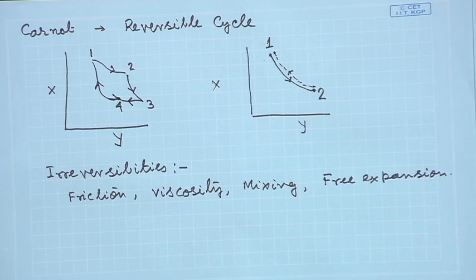Free expansion, what is free expansion? Suppose there is a chamber which is under vacuum, and then somehow a leak is created at the wall of the chamber. So, what will happen? The atmospheric air will rush into the chamber which was initially under vacuum. This expansion of the atmospheric air could have produced some amount of work, but now it is going into the vacuum chamber without any resistance, freely.